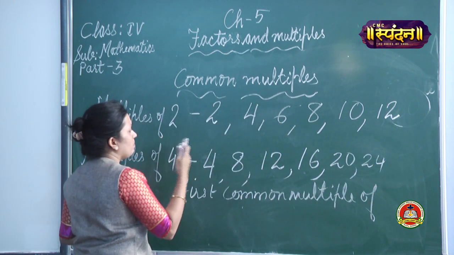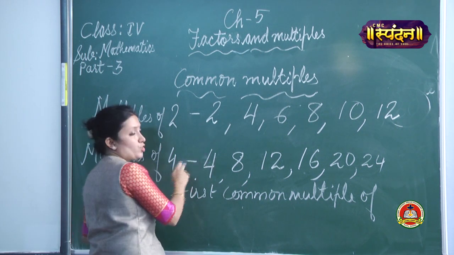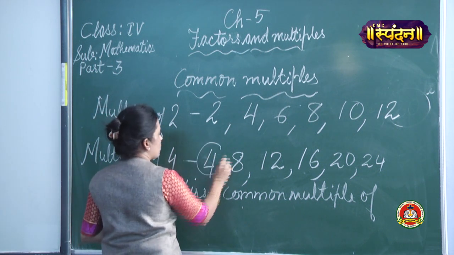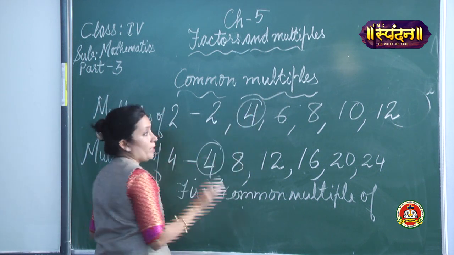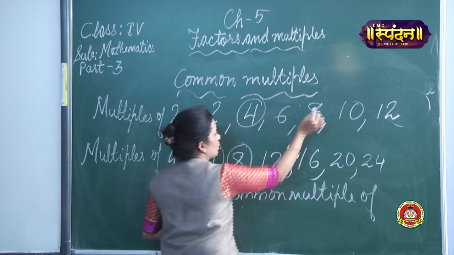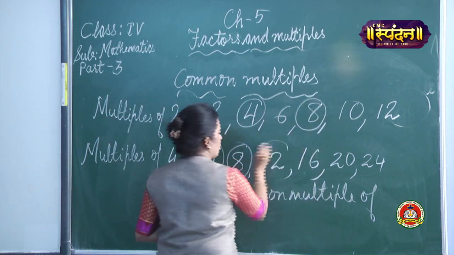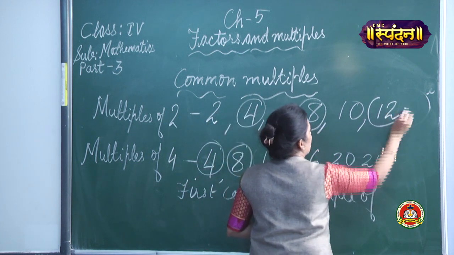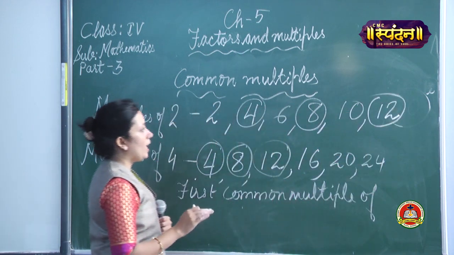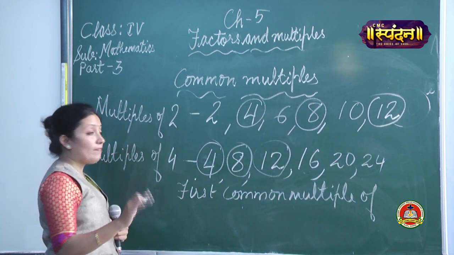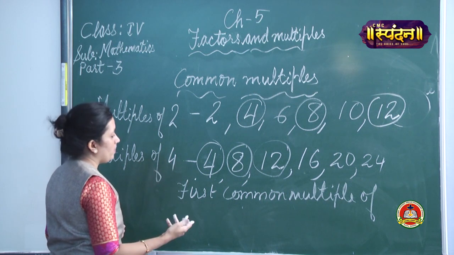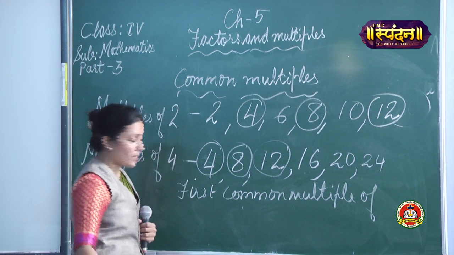See if anything is matching here. No, 2 will not match, 4 yes, 4 is matching here. Now 8, yes, 8 is also matching. Now 12 is also matching. So here I have gone till 6 only, and I have got 3 common multiples. So I will write the first 3 common multiples.